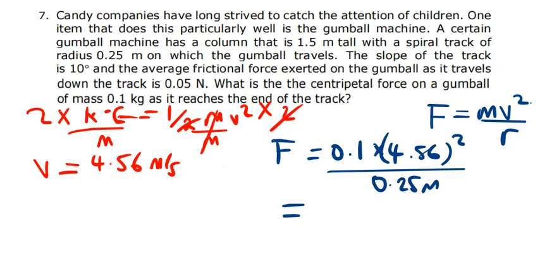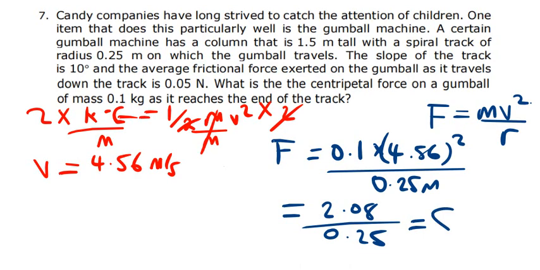Now if I solve what is on top, 4.56 squared gives me 20.8. 20.8 multiplied by 0.1, I'm getting 2.08. This is divided by 0.25. I already have 2.08, I'm just dividing by 0.25.